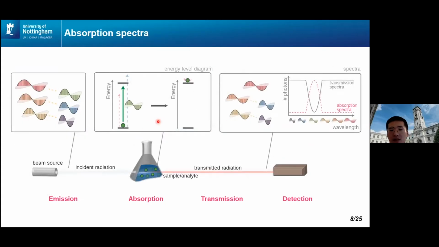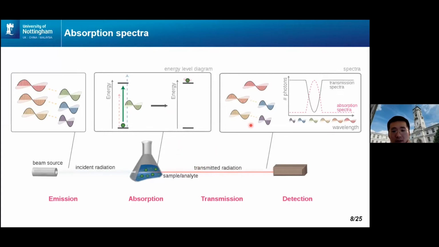And then here is a good example for understanding the absorption spectra. Here we have a white beam source. The beam source emits light of multiple wavelengths, and it's focused on this sample. After striking the sample, photons that match the energy gap of the molecules are absorbed in order to excite the molecules, green light in this example, and other photons are just transmitted unaffected.